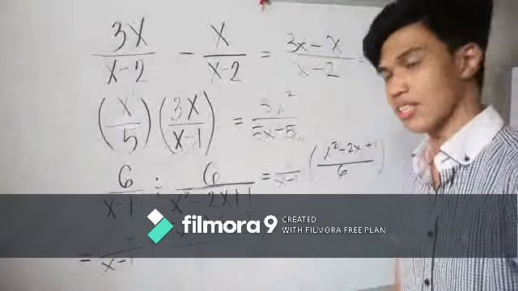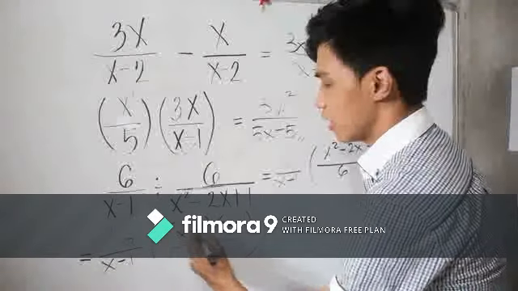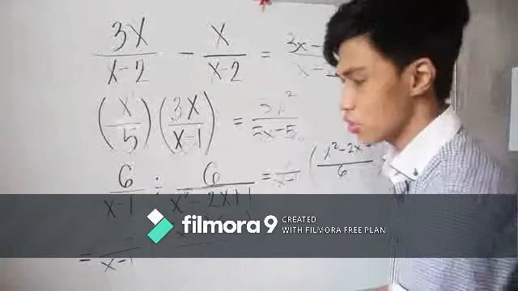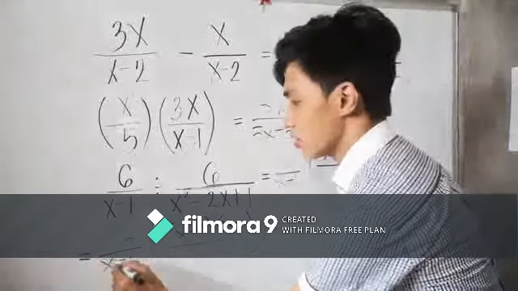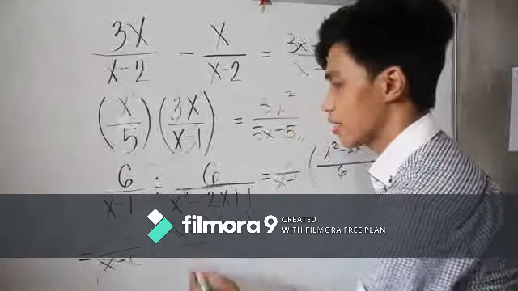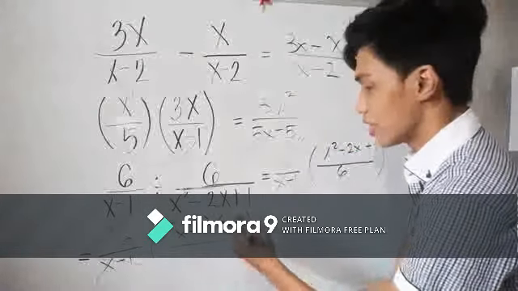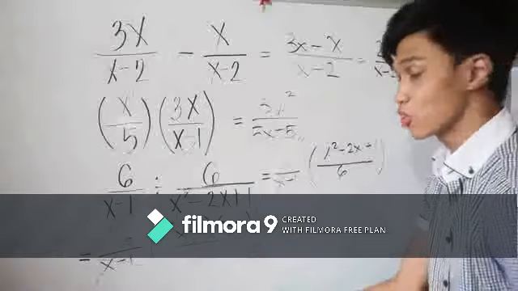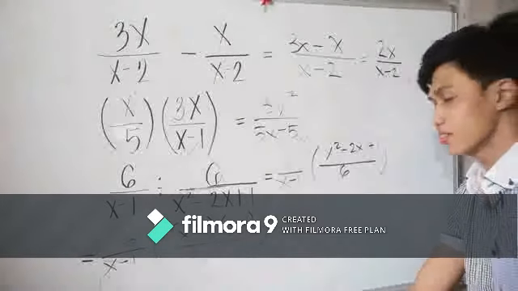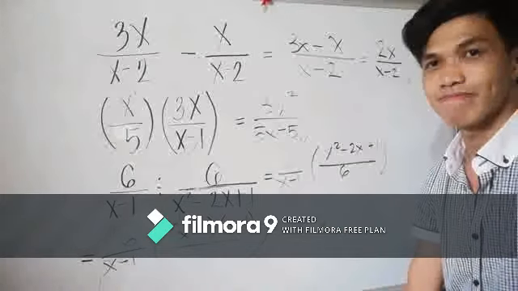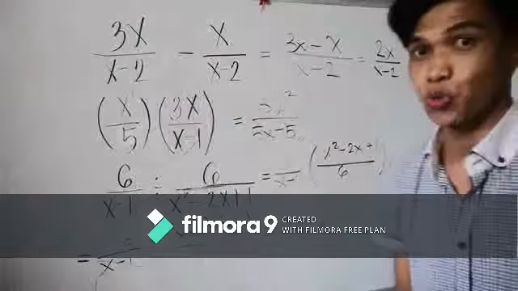Also, we have here the first x minus 1. We can cancel that out because we have another x minus 1 in the denominator. So that will also be 1 and that will also be 1. What is left? The remaining binomial will be x minus 1 and that will be the final answer. So, that will be all for learning task number 2.